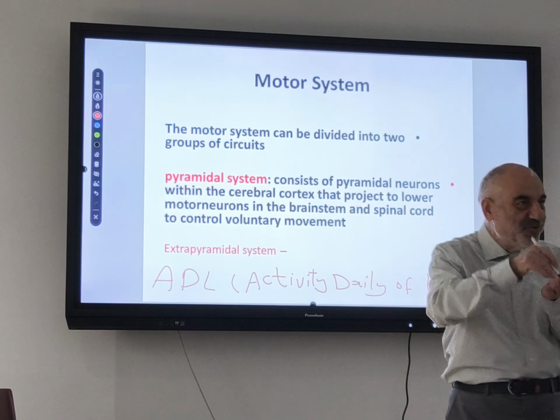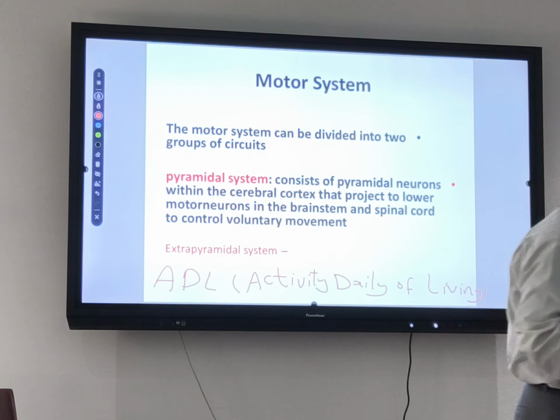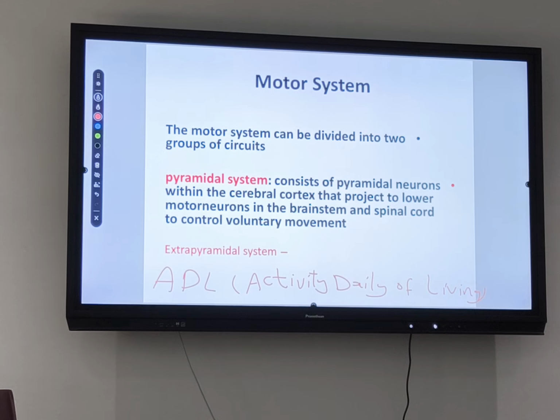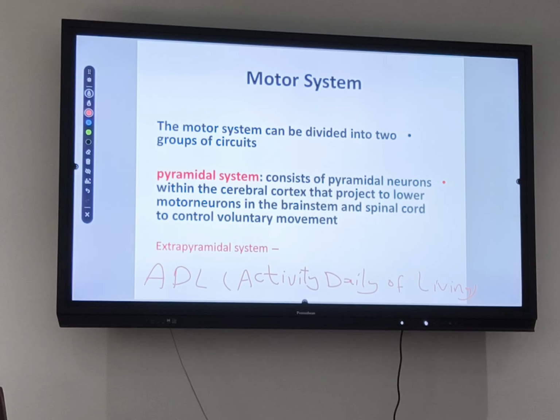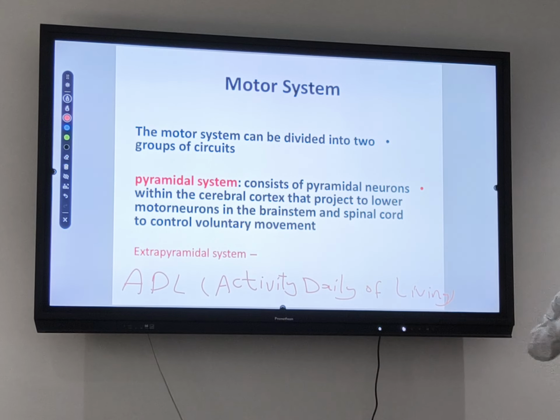This is when you stir. If I write, it's voluntary. If you stir your tea, your coffee, it's voluntary. So it's very important. This is by the pyramidal system.